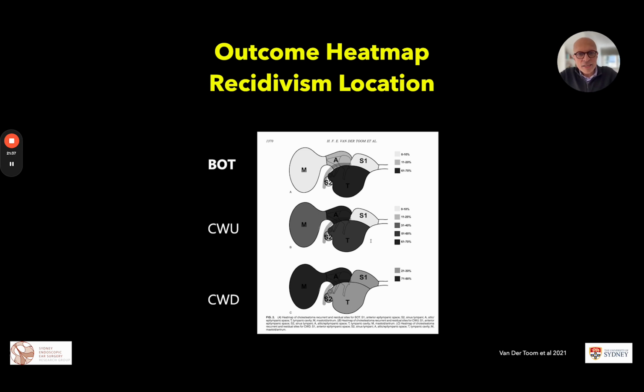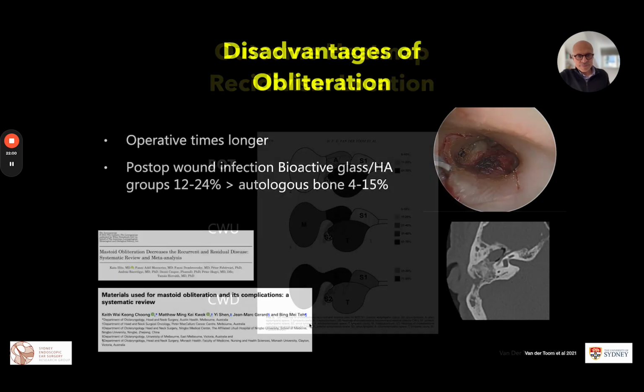So they were getting these low recidivistic rates without the endoscope, but their failures with the obliteration tended to occur in the middle ear. So imagine if we used obliteration along with the endoscope, we might be able to reduce those rates even lower. And then the canal wall up recidivism occurred in the areas where you'd imagine, and the canal wall down, interestingly, largely in the mastoid itself.